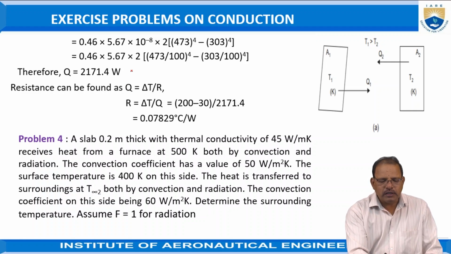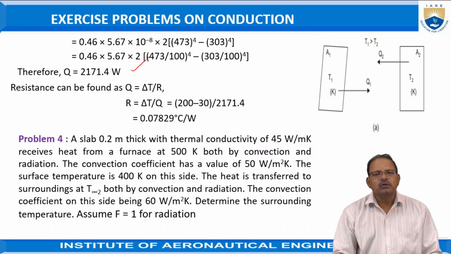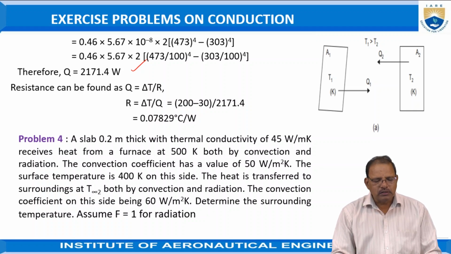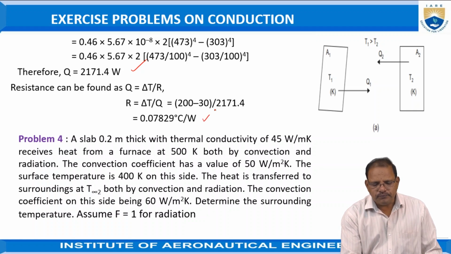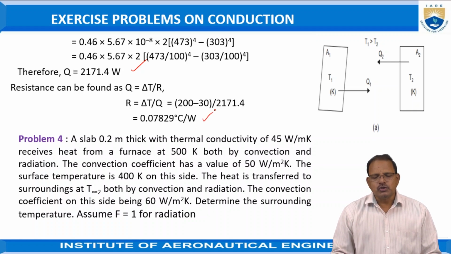On simplification, we got this value equal to 2171.24 watts. So for the thermal resistance, Q is equal to delta T by R. From this relation, R is equal to delta T by Q, which gives 0.07829 degrees centigrade per watt.